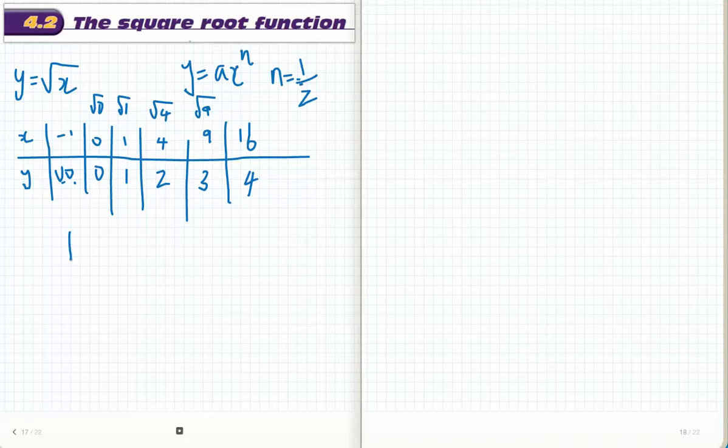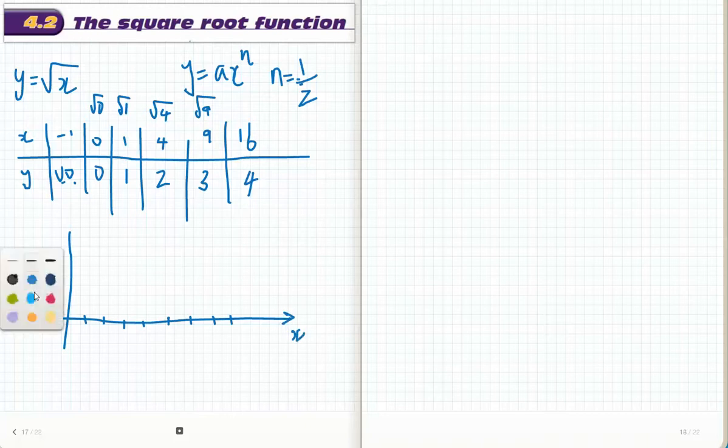So if I was going to look at the graph, 2, 4, 6, 8, 10, 12, 14, 16, where that's x, at 0, it's 0.